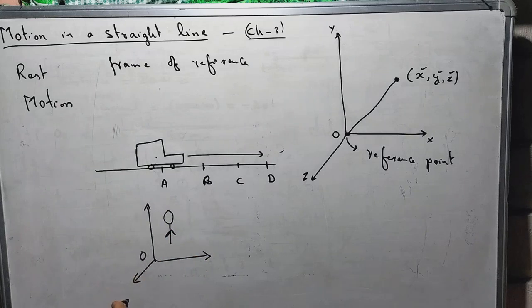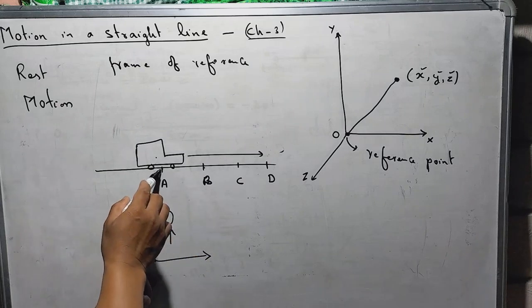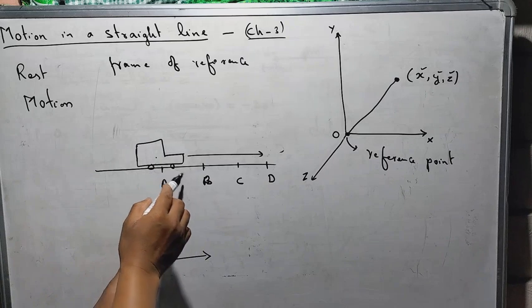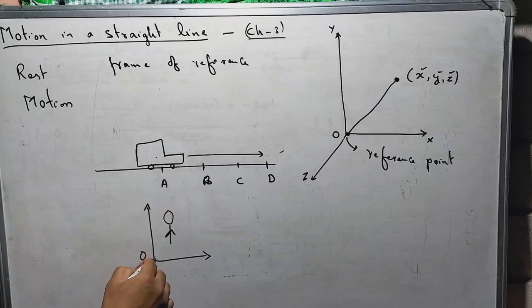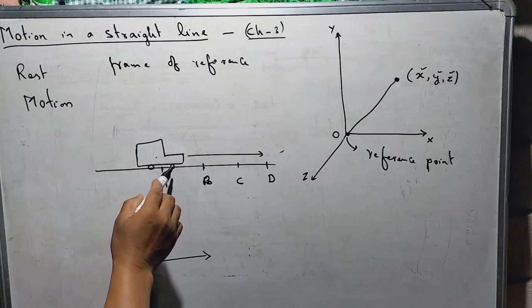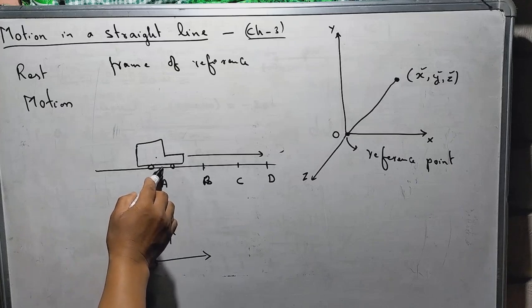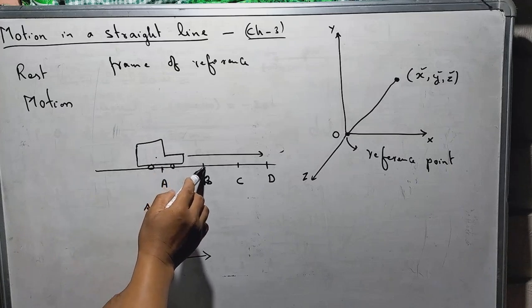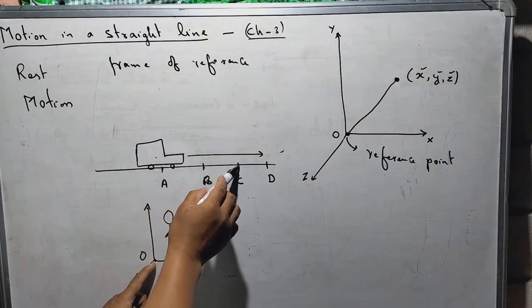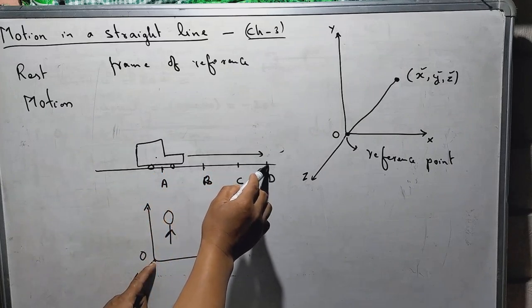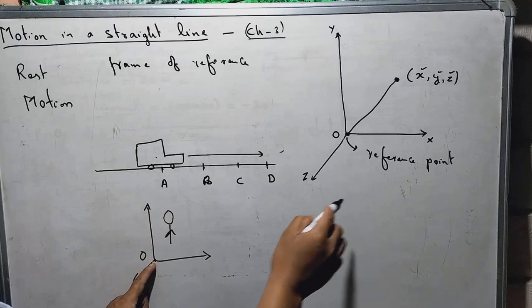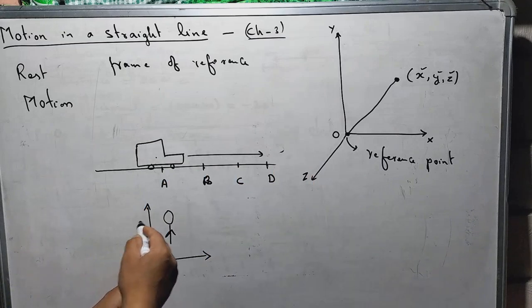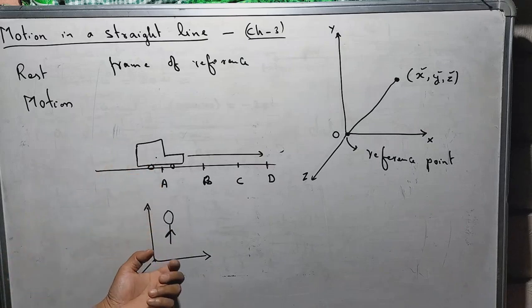This is the origin. As the car changes its position with the passing of time, at 1 second the car is here, at 2 seconds the car is at B, at 3 seconds the car is at C, at 4 seconds the car is at D, and so on. So with respect to this reference point, the car is changing its position. So with respect to this frame, the car is in motion.